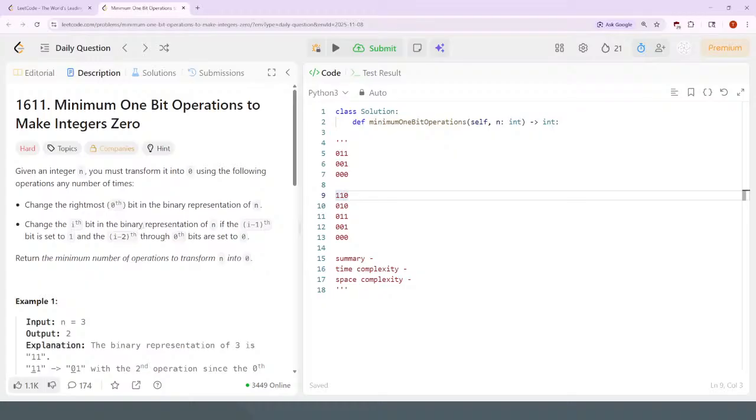And the minimum number of operations. There should be a formula for this.